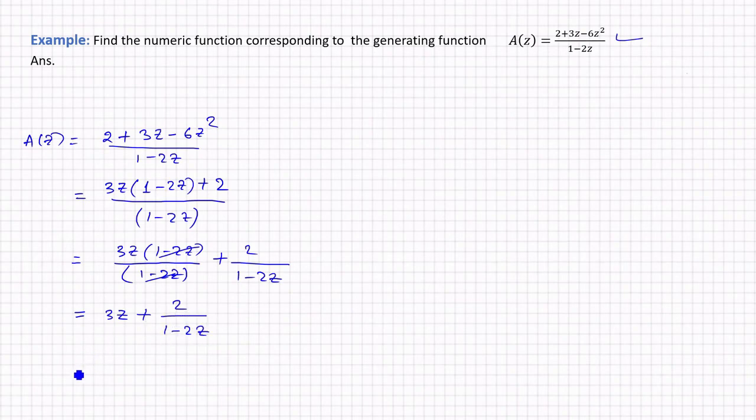So here A(z) = 3z + 2 times [1 + 2z + (2z)^2 + ... + (2z)^r + ...]. Now multiplying by 2, we get 2 + 2^2 z + 2^3 z^2 + ... + 2^(r+1) z^r and so on.